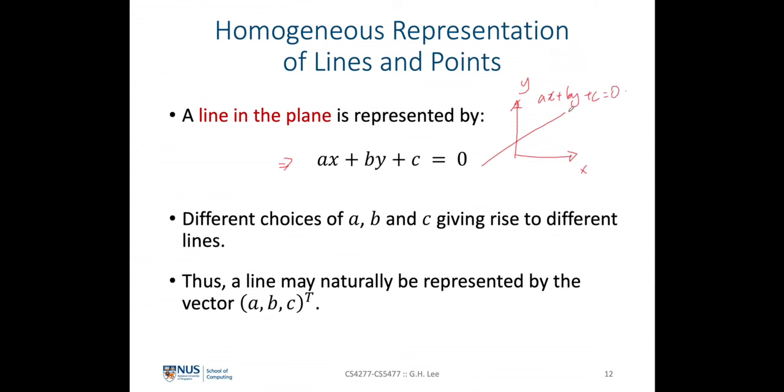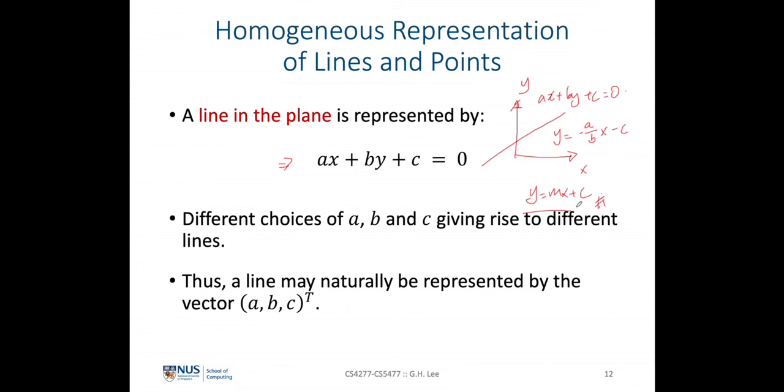If we manipulate this equation a little bit, it becomes y equals minus a divided by b times x minus c divided by b, or simply y equals mx plus c, which is the familiar equation of lines that we all learned in high school or even junior high school mathematics.